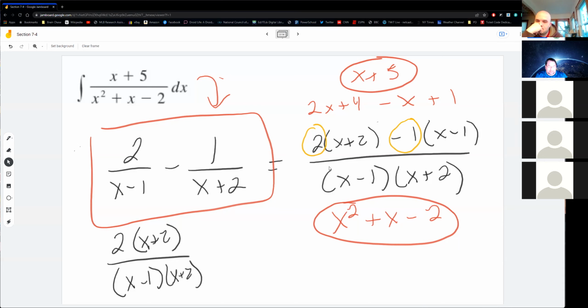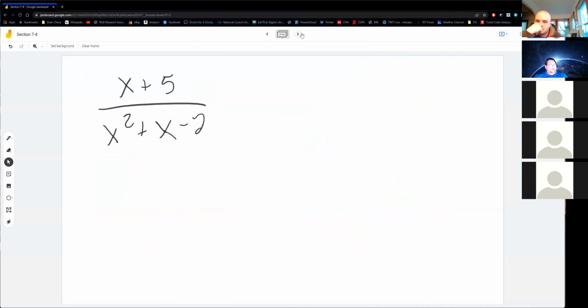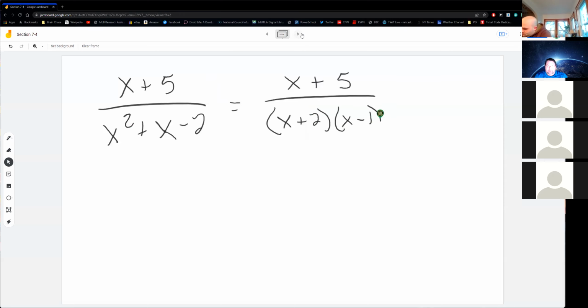So we've got x plus 5 over x squared plus x minus 2. All right, the first thing we're going to do is factor the bottom. As we already saw in the last one, it's x plus 2 and x minus 1.